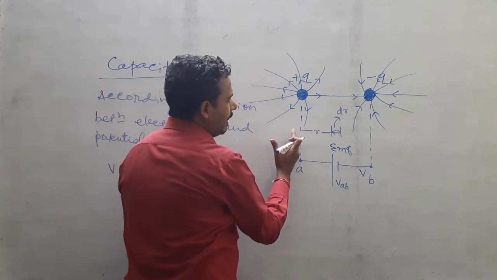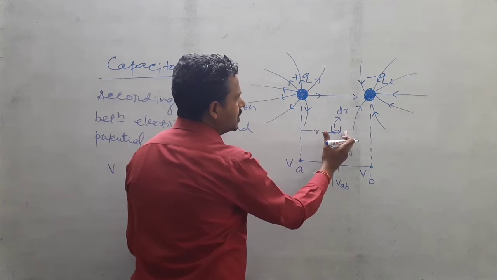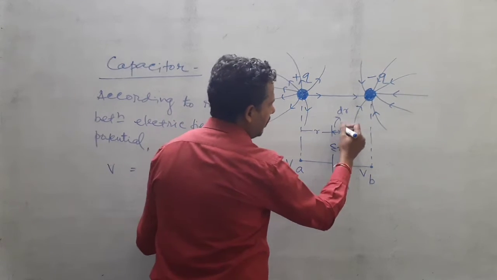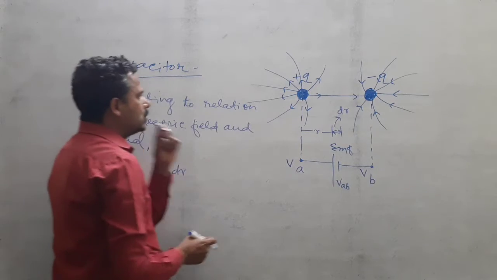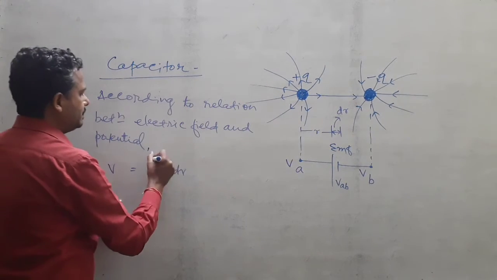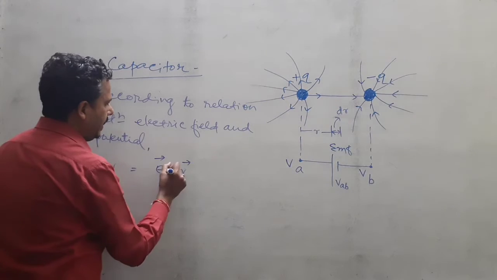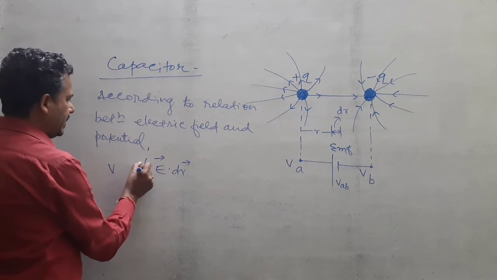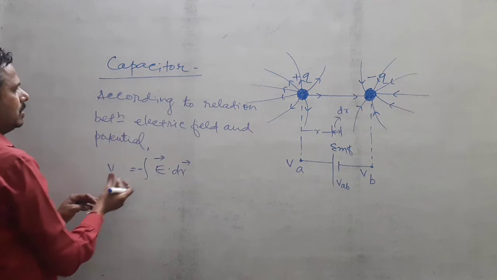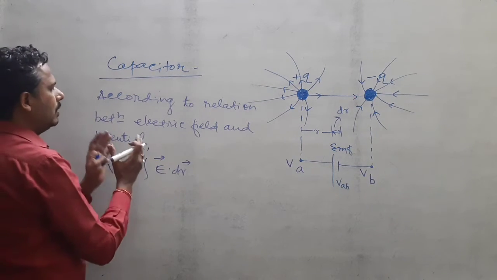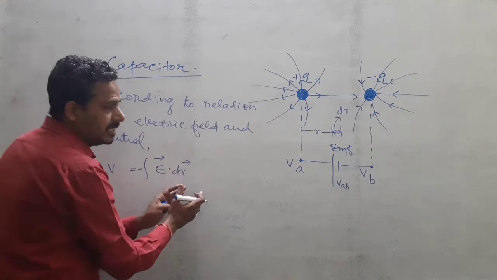From A at a distance r, you have to consider a small distance dr. Because your electric field is in this direction, there is a relation, the integration of E dot dr with a negative sign, because the relation between electric field and potential is V equals minus the integral of E dr.